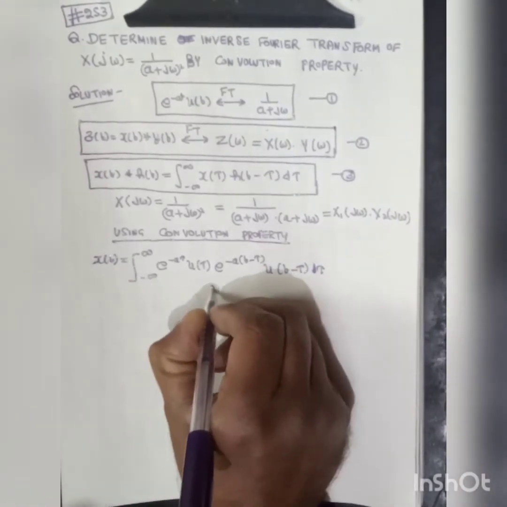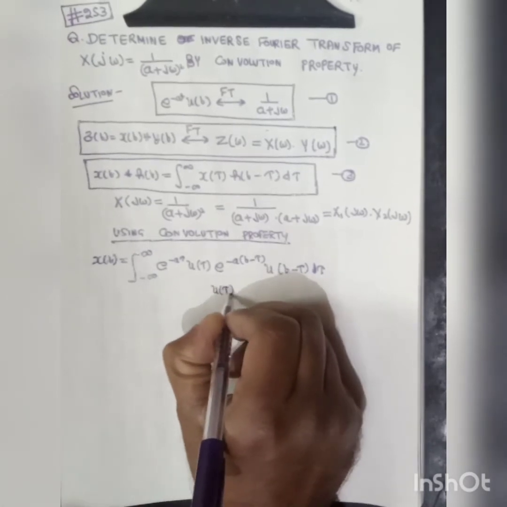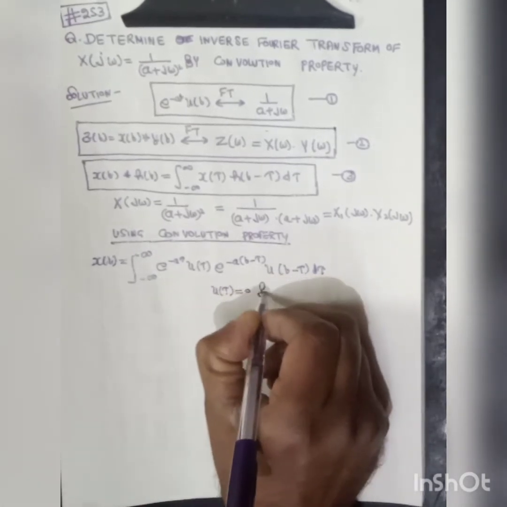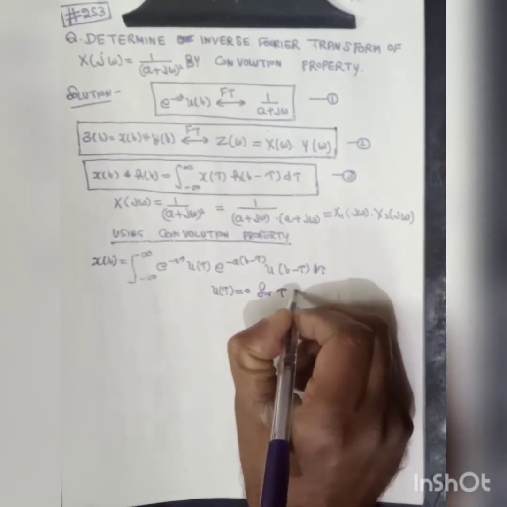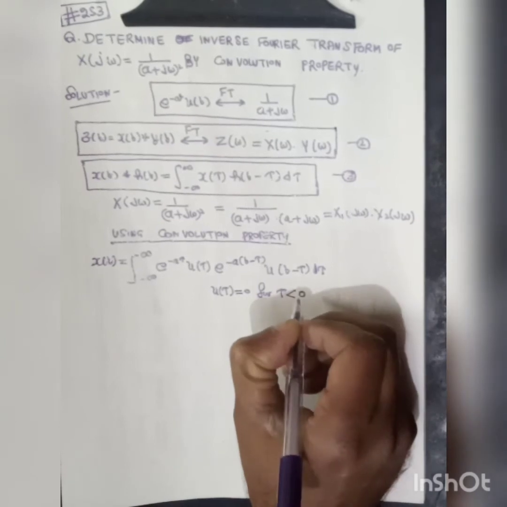Now clearly u(tau) will be 0 for tau less than 0.